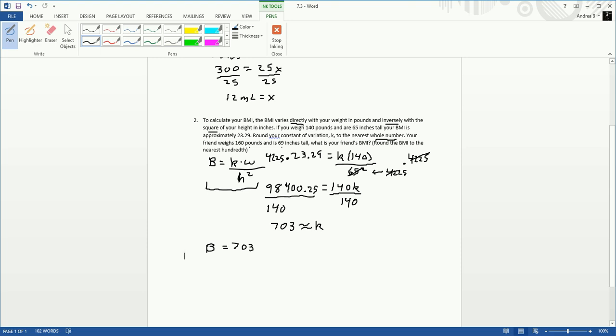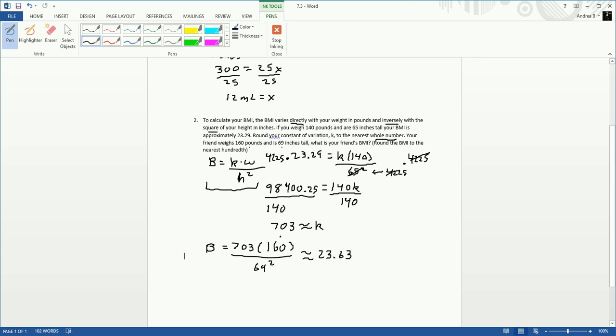So we have that K of 703 times the weight in this case, which was 160 pounds, divided by the height of that person, which was 69 inches. And we'd have that squared. So here we get approximately 23.63 if you go through and calculate the BMI there.